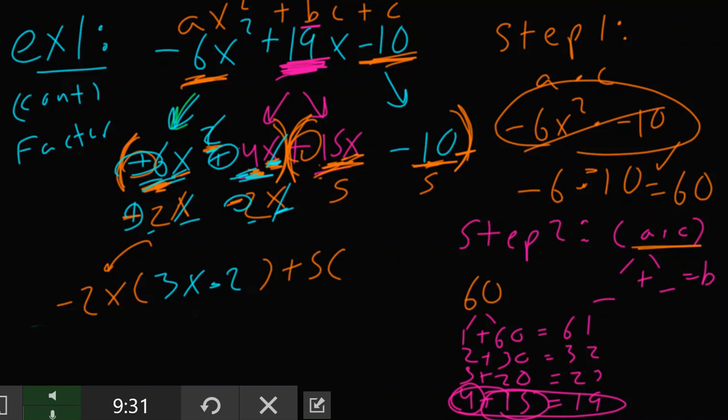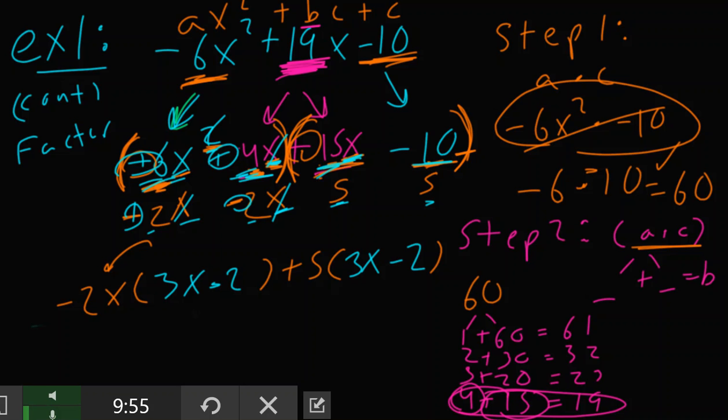Now, once again, what factor do we have left over? 15 divided by 5 is 3, and there's no x to divide it by, so we just keep the x. And here, negative 10 divided by 5 will be negative 2. Now, what can we say from here?